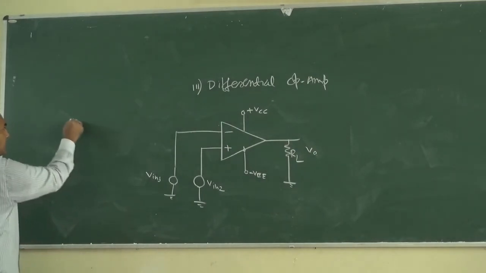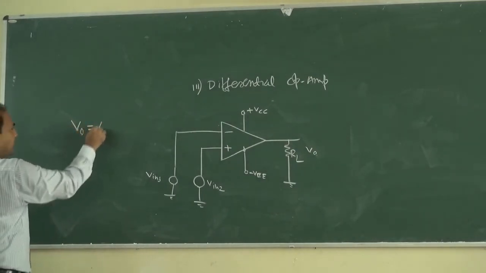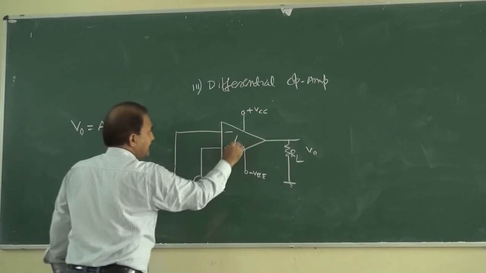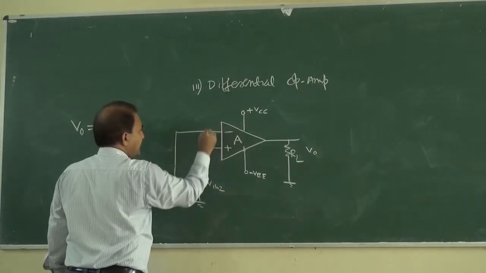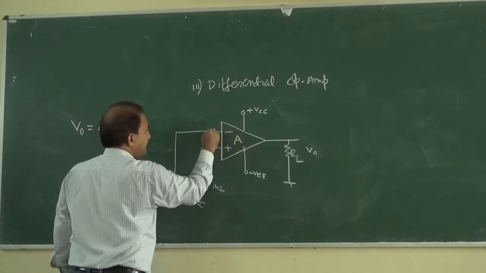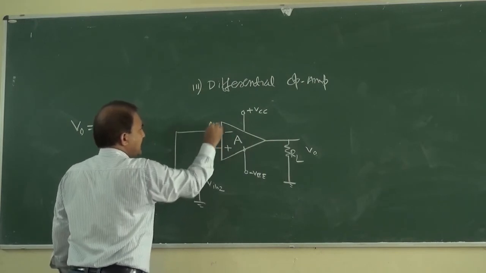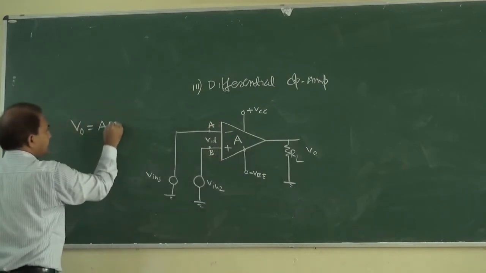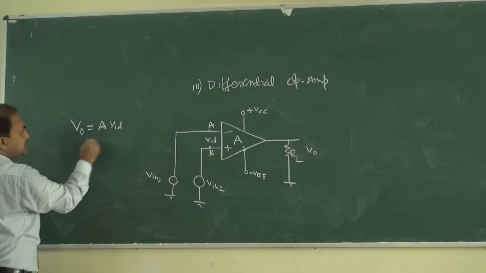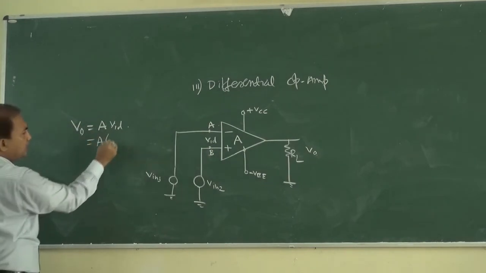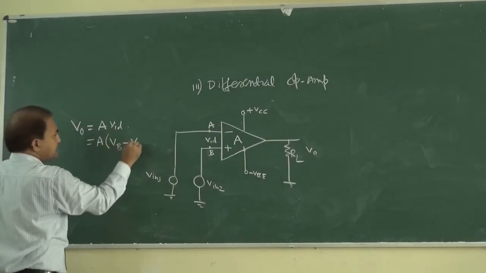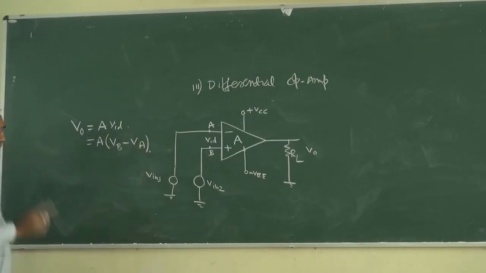So how can we express V output? V output is equal to A, where A is the gain of this operational amplifier, multiplied by VID. So this is point A and this point is B. VID is equal to A into VB minus VA.